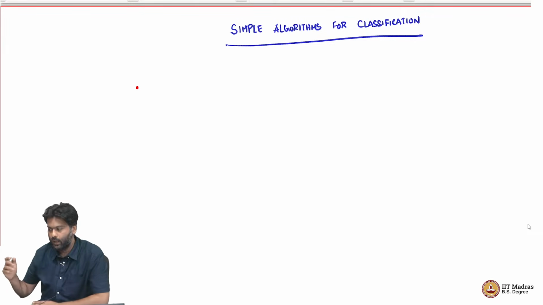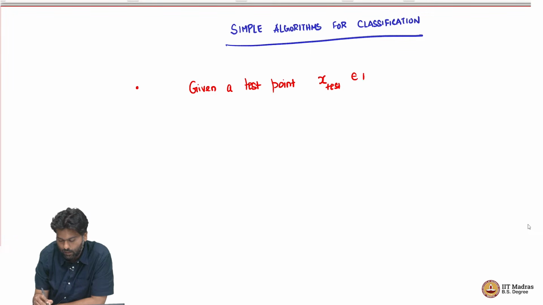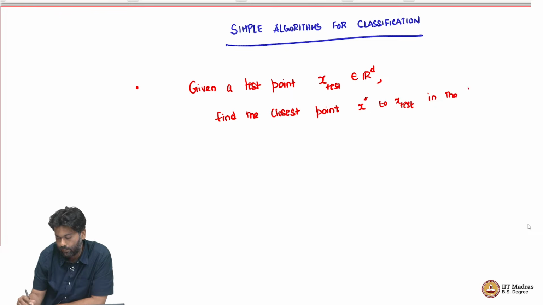In other words, what I am saying is, given a test point, let us call this some x test which is in R^d, the algorithm is: find the closest point, let's say x star, to x test, closest to x test in the training set.